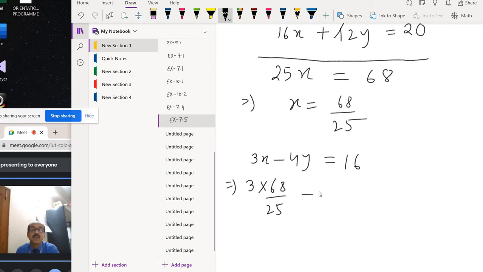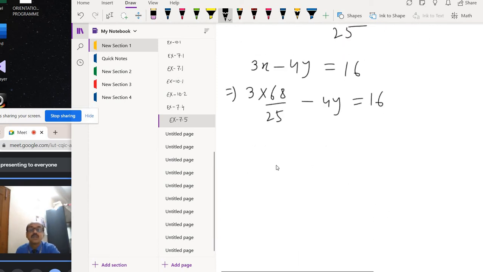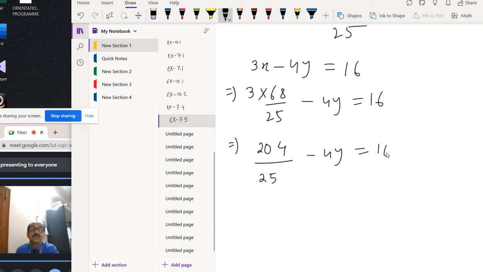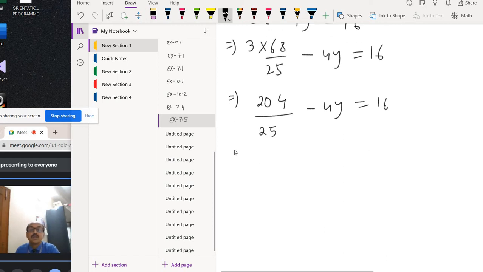So 3 into 68 by 25, multiply, 204 by 25, minus 4y equal to 16. So minus 4y equal to 16 minus 204 by 25.